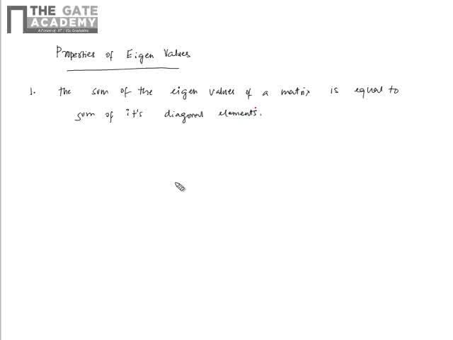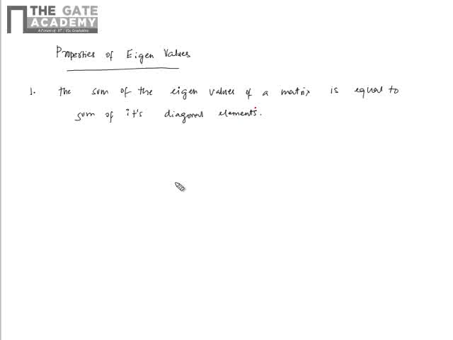The first important property is that the sum of the eigenvalues of a square matrix is equal to the sum of its diagonal elements. This comes from the characteristic equation.